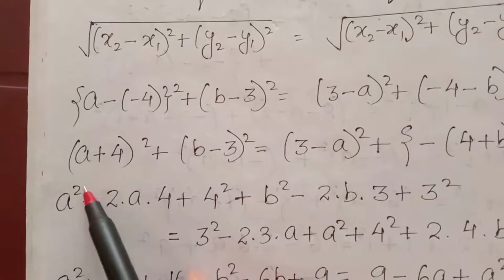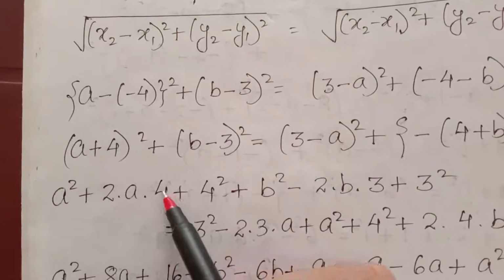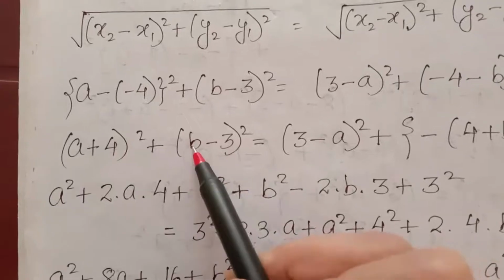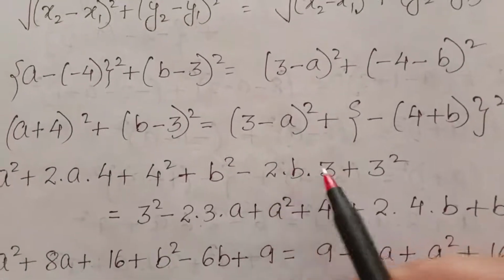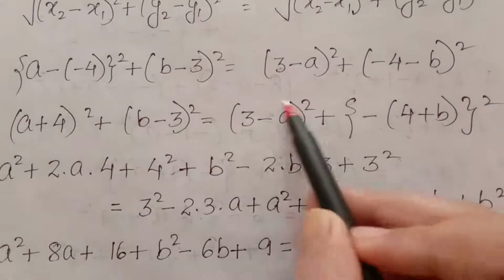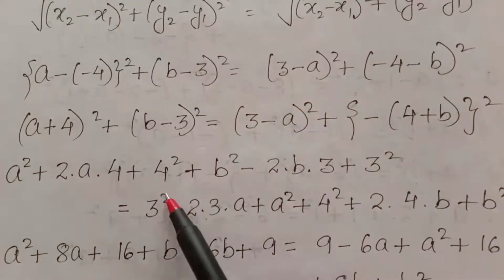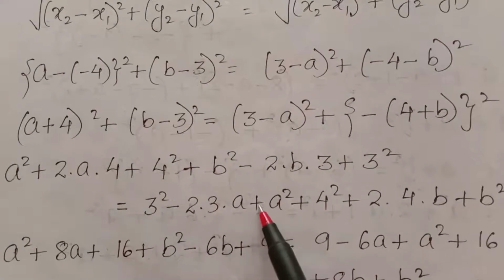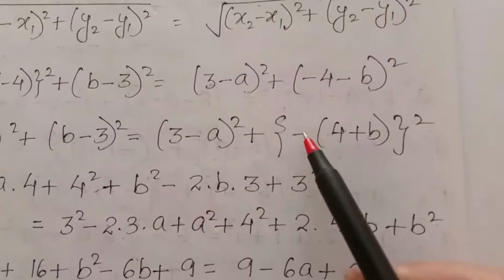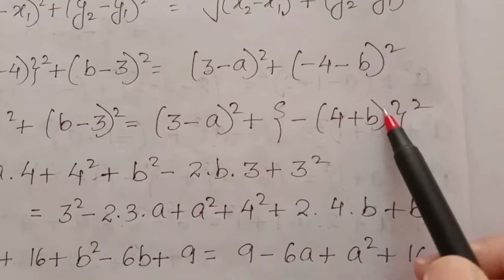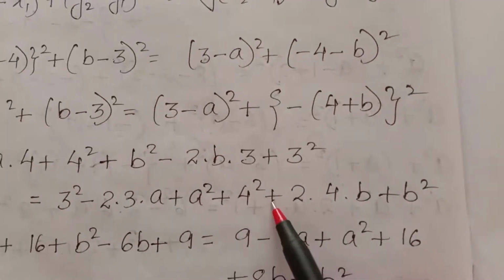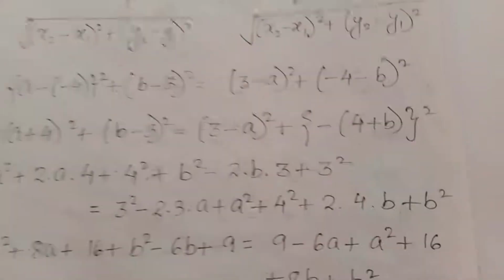The formula is a square plus 2ab plus b square, and a minus b whole square is a square minus 2ab plus b square. Here again a minus b whole square is a square minus 2ab plus b square. Now I have already told you minus square is plus, so here you have to use the formula of a plus b whole square: a square plus 2ab plus b square.